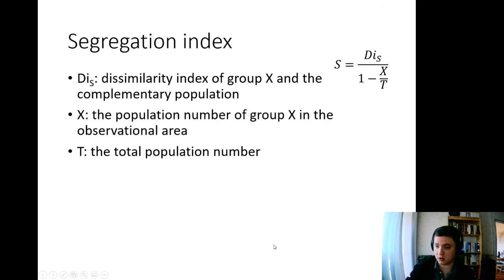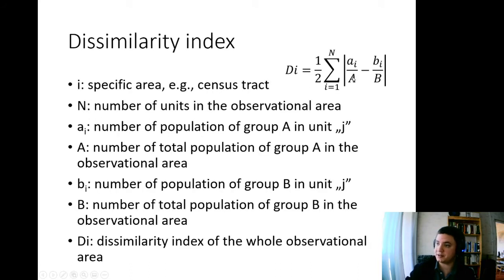In this formula, A is the first specific social group and the second is B. In the segregation index, A is the social group we talk about, and B is the complementary of A, so all of them who are not A. This is the definition of the complementary group.